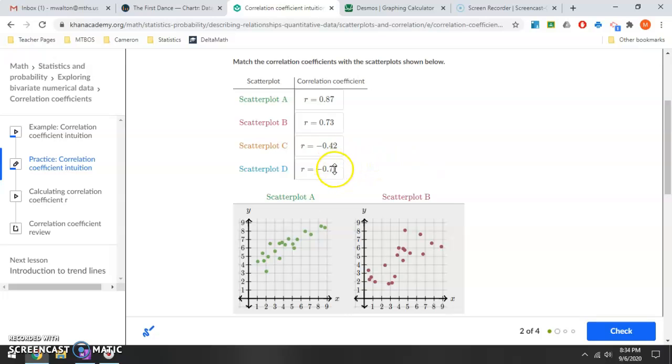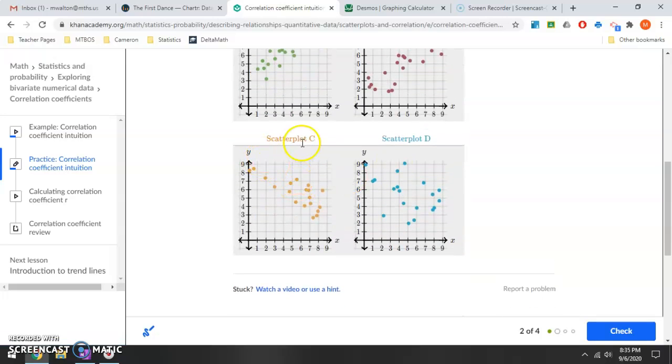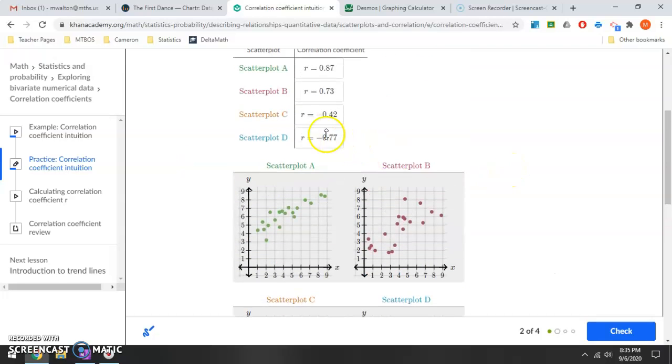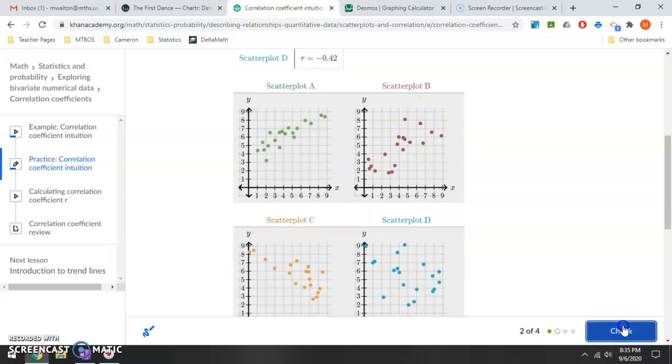So I need the stronger one to have the -0.77 and the weaker one to be closer to 0. Looking at these two, scatter plot C. This one is going downwards and this one is stronger, so that would be closer to -1. So C is going to match up with -0.77. And oh, look at that. I even have a star.